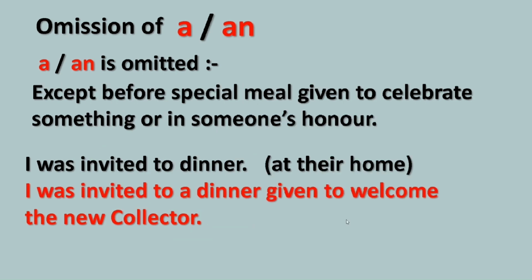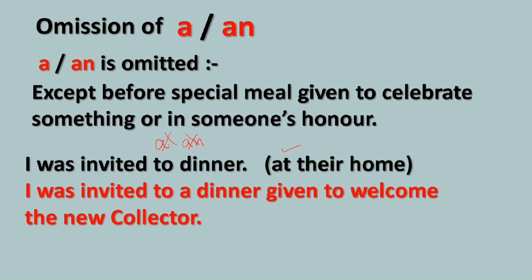When a special meal is given to celebrate something or in someone's honor, we should use article a. If it is in a regular way, we cannot use it. See the sentence: I was invited to dinner at their home. This means it is in the simple or regular course. So in this situation, article a or an will not be used.